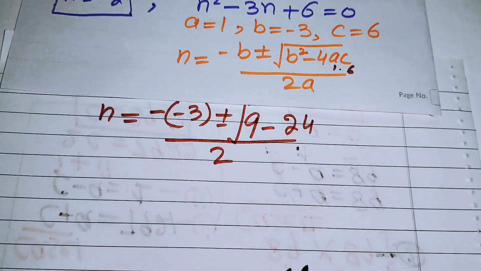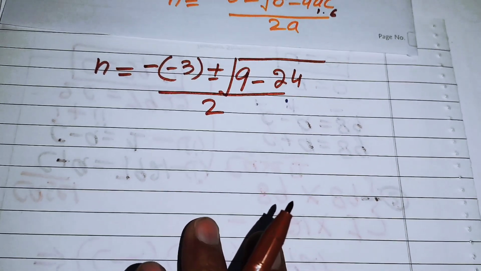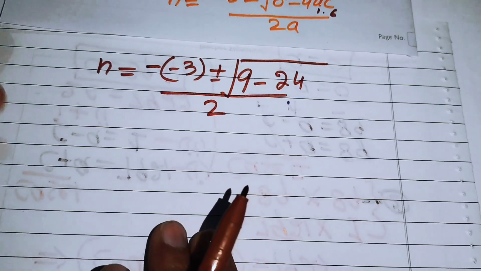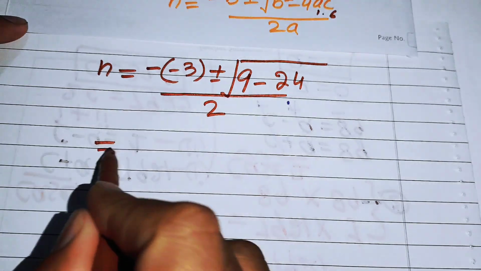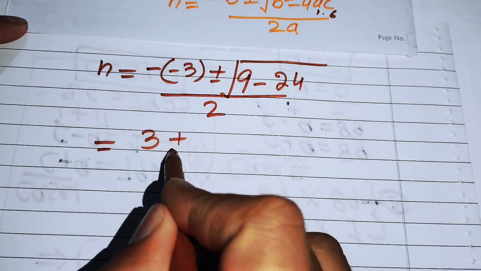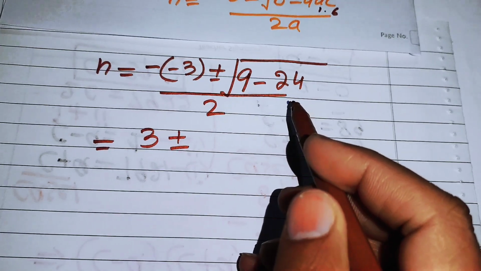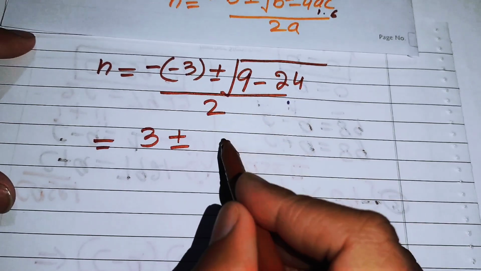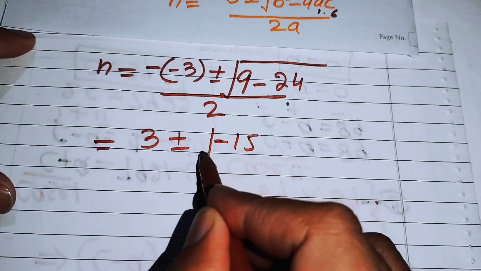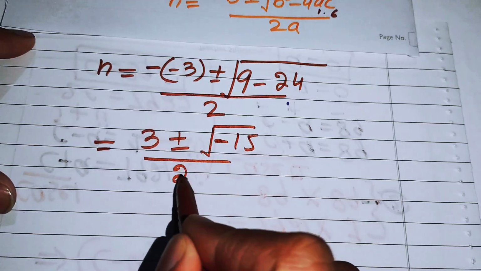In the next step we need a little bit of simplification, and we obtain 3 plus or minus square root of 9 minus 24, which is minus 15, over 2.